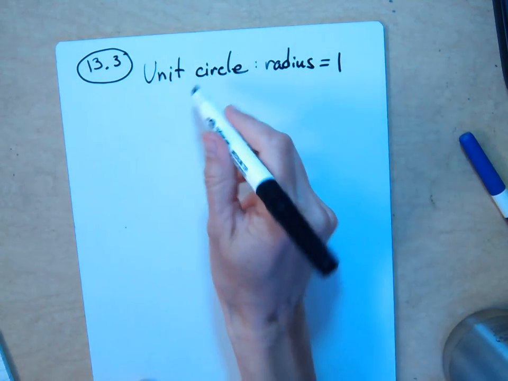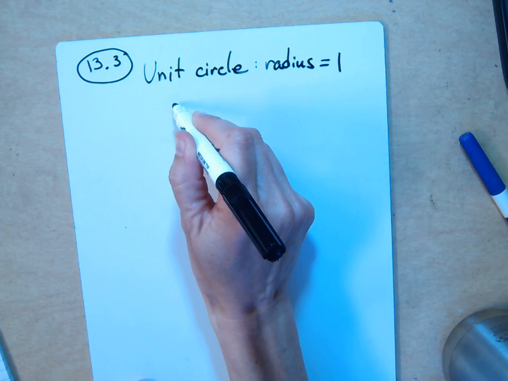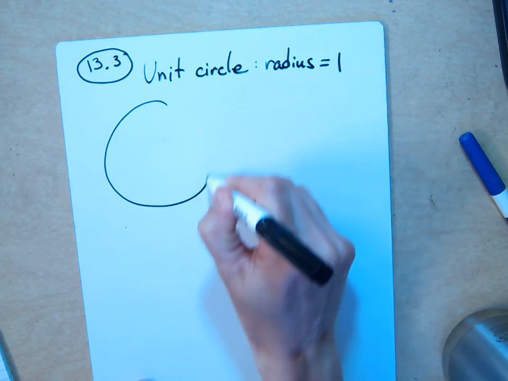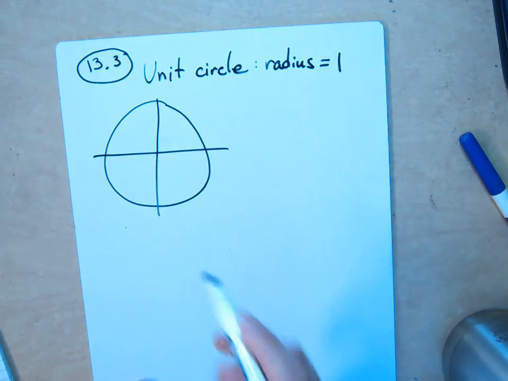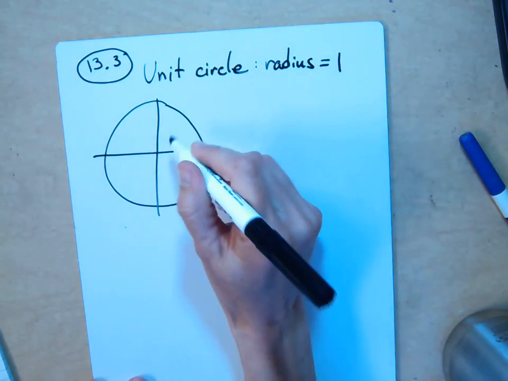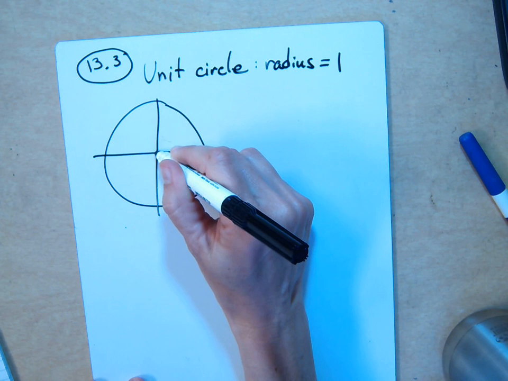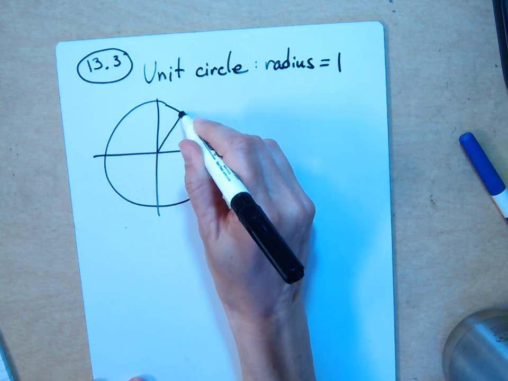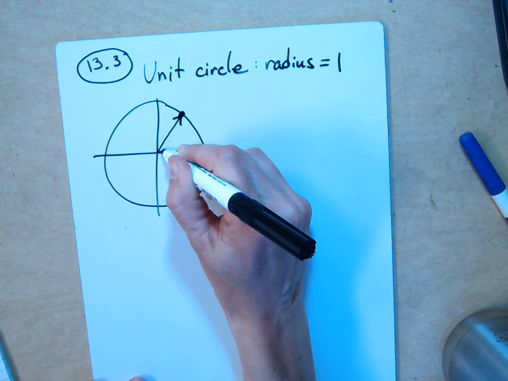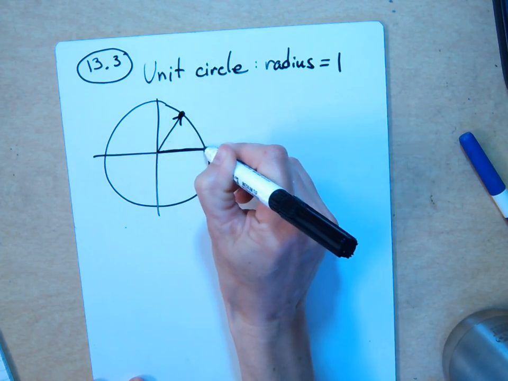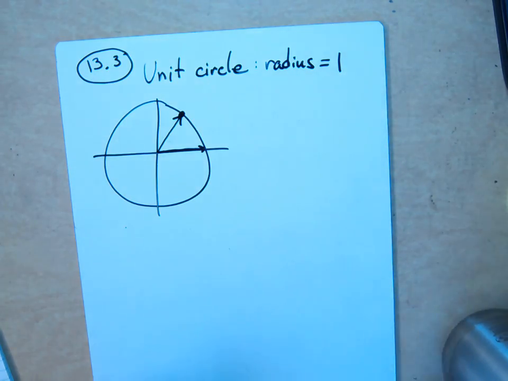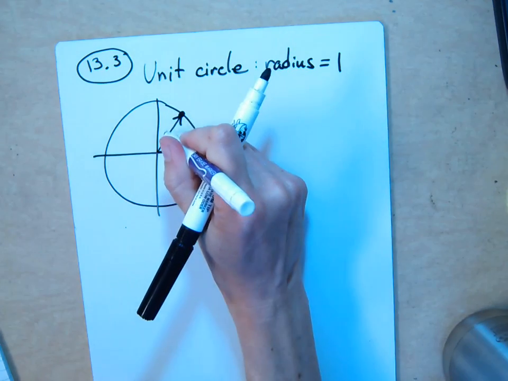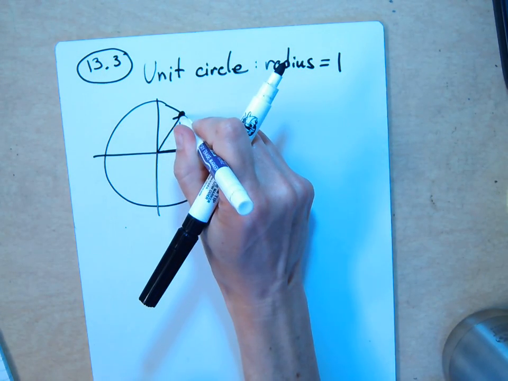So if we draw a unit circle, and we'll fill out the handout in a second. Then when we rotate, say we rotate to this point, we rotate our angle, we rotate to that point, right? First we have to make our right triangle, right?